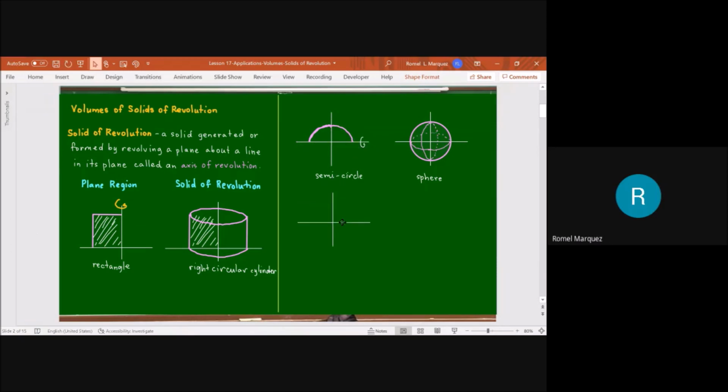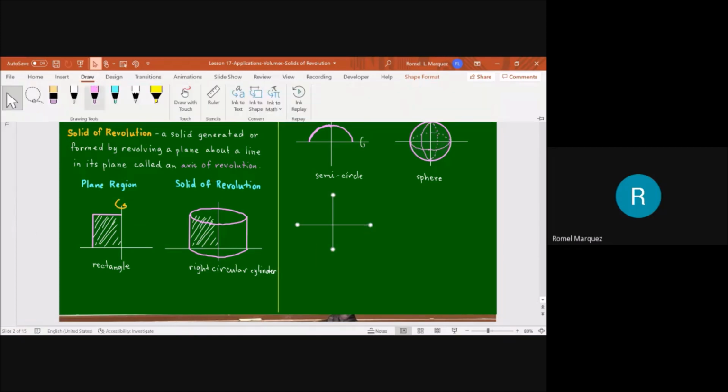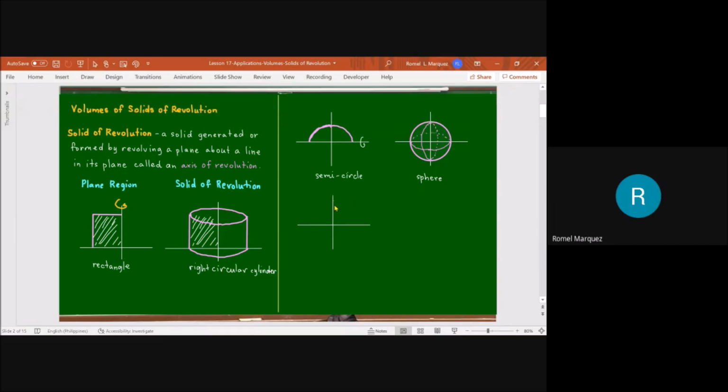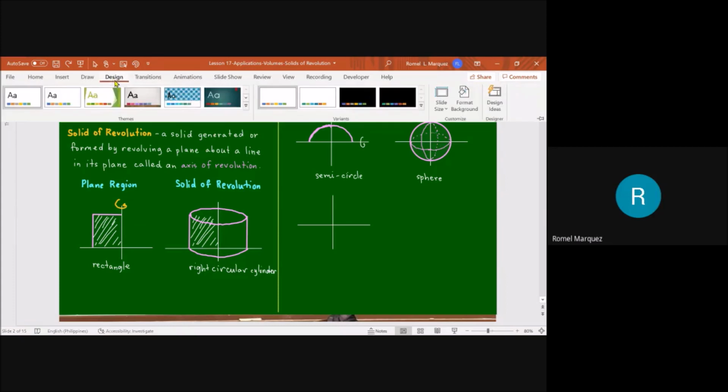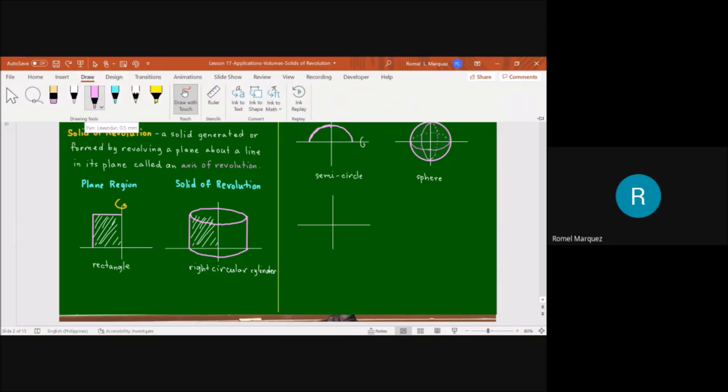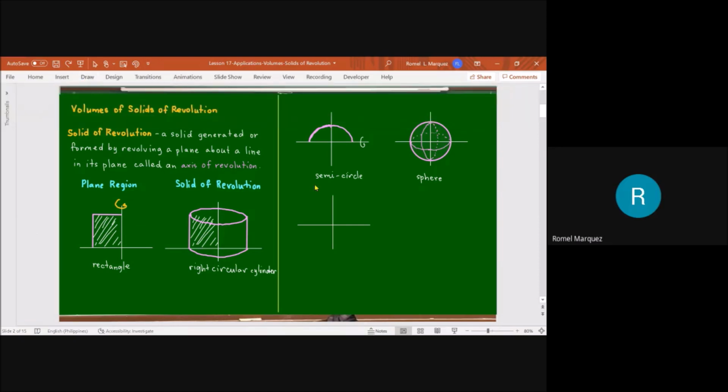What about if, let's say, a right triangle formed with this horizontal and vertical lines is revolved or rotated, no? About, let's say, one of its legs. For instance, let's say this is my triangle.